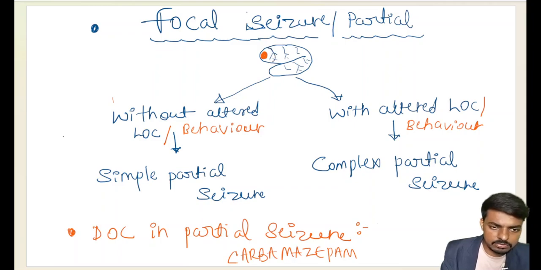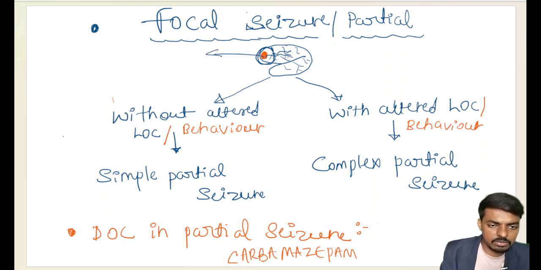This particular part, which I have marked with the orange pen, is the site releasing abnormal electrical activity to other parts of the brain. That is what we call a focal or partial seizure.